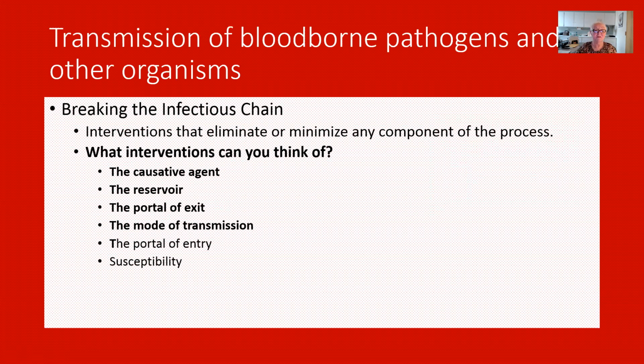And then the next one is the portal of entry, the path by which the agent enters the susceptible host. It can enter into your respiratory tract, your intestinal tract, urinary, genitourinary tract, open wounds, mucous membranes, eyes, mouth. I cough or sneeze. Your mouth is open, you're yawning.